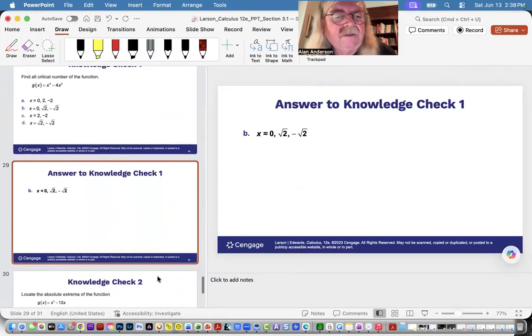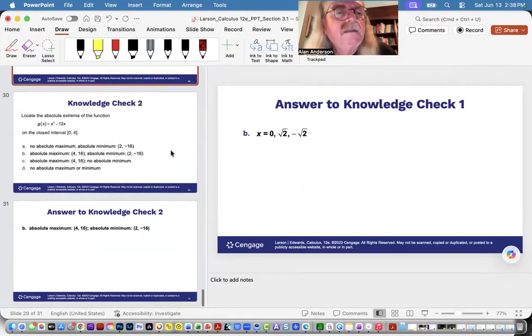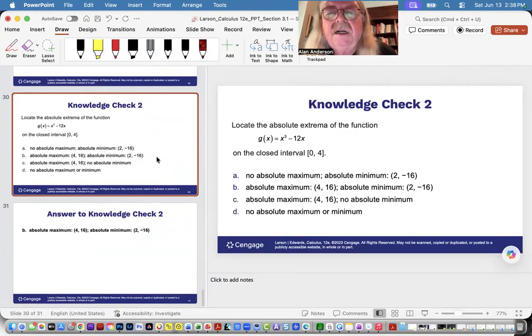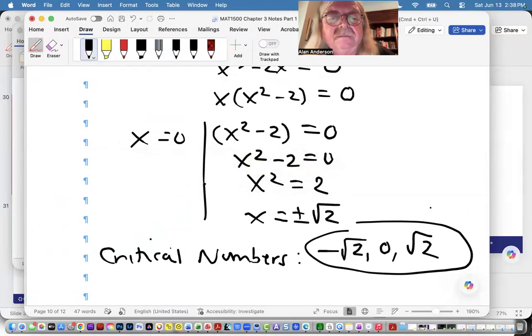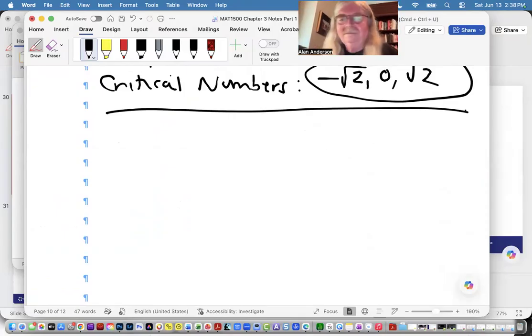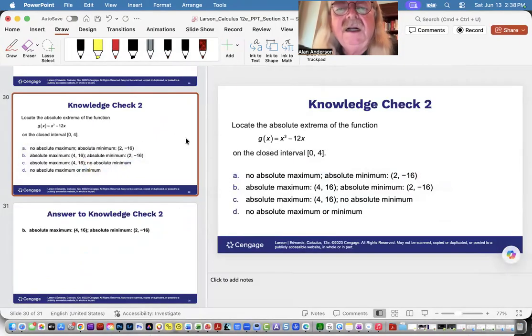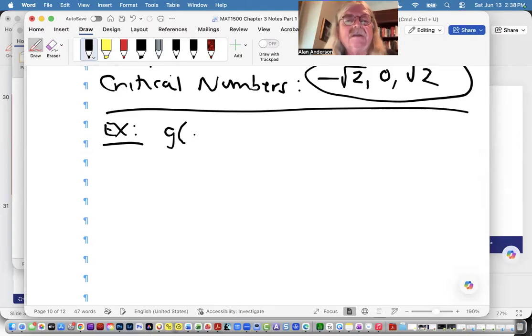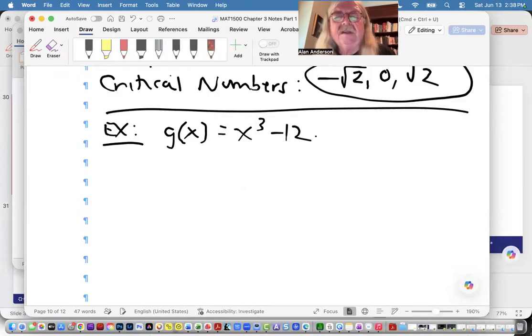All right, and then what else do they have for us? Find the absolute extrema over the closed interval 0, 4. G of x equals x cubed minus 12x.